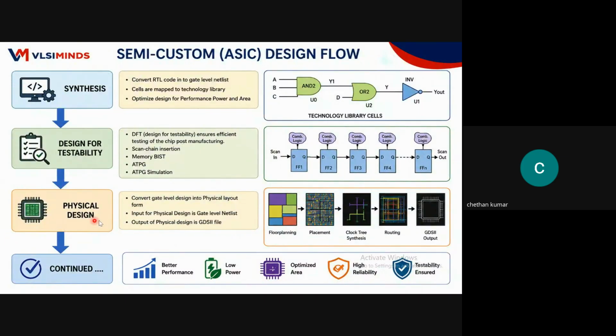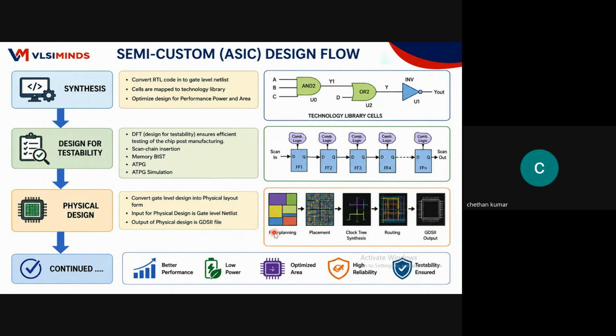Next, you can see here there are flops. All of them are connected just like shift registers, in order to have controllability and observability. Next, physical design is converting your gate level netlist, or whatever gate level design we have, into a physical layout. That will be taken care of by the backend team, the physical design engineers.